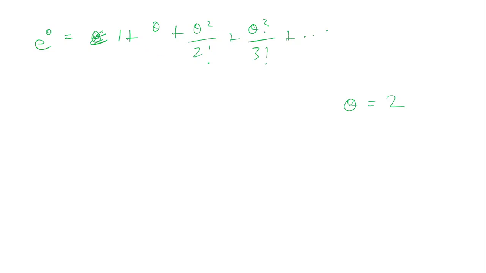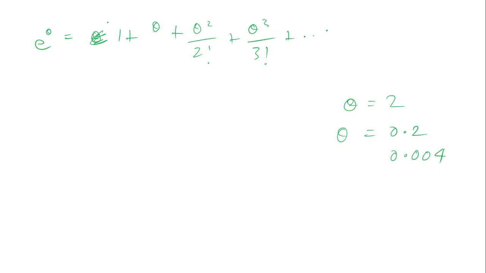But if theta is very small, for example 0.2, then the square of 0.2 is 0.04, even smaller, and the cube will be even smaller. So when theta is very small, its higher powers will be even smaller numbers.